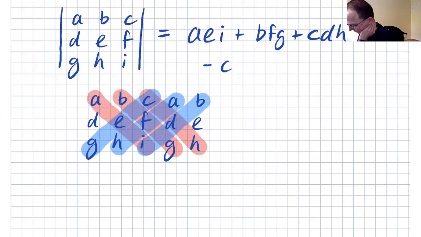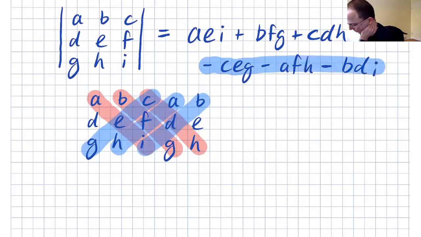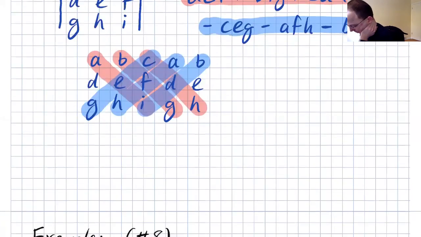So it'll be minus CEG minus AFH minus BDI. Those backward diagonals get minuses, and for the forward diagonals we have plus.